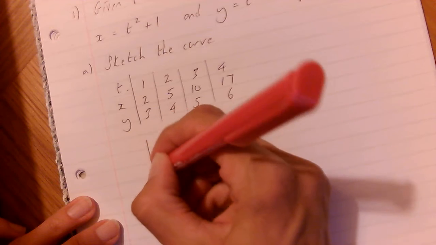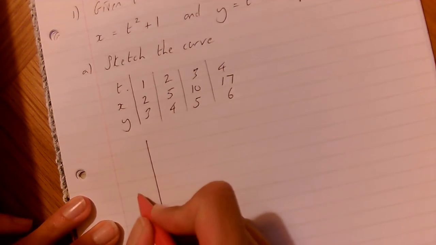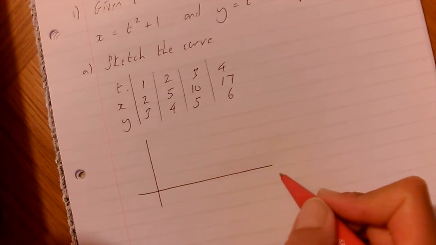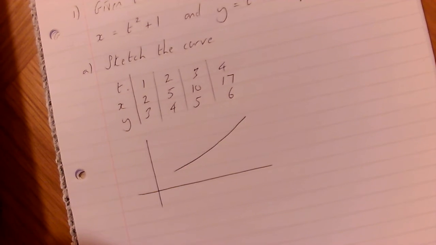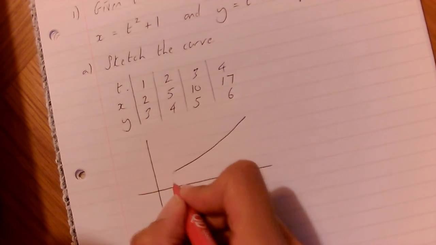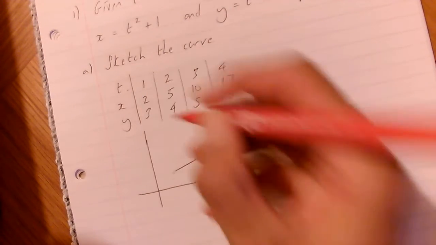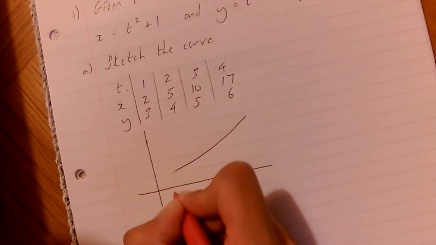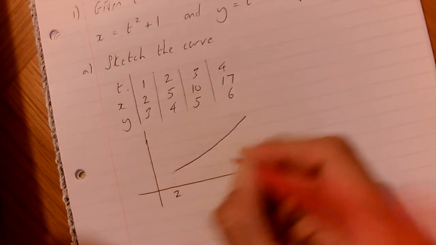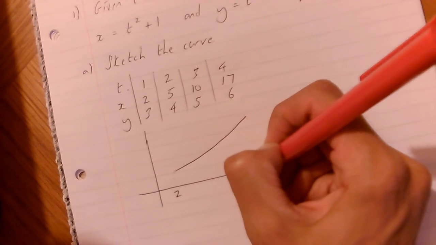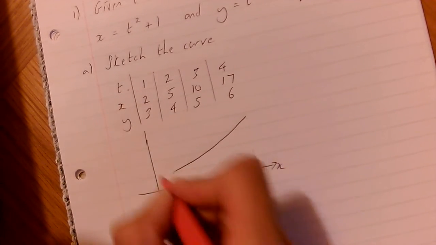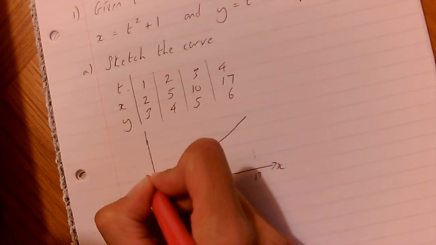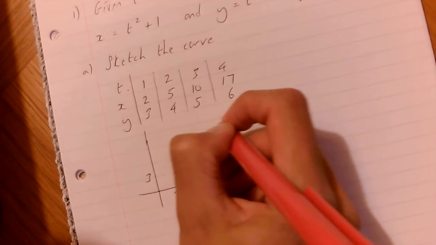And then when we sketch it, it's not really anything much. It's not a fantastically pretty one. It's literally going to be a bit like so. This value here, let me just extend that y-axis, is for x equals 2, and this value here is for 17, this is my x-axis here, and then this is 3, and going across.